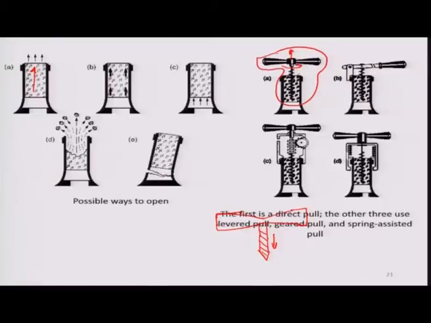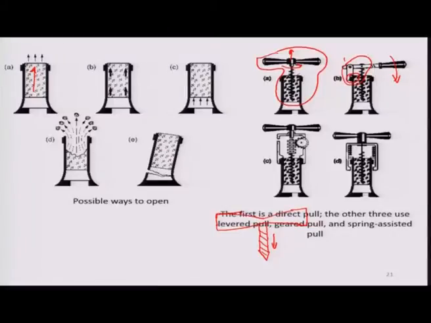Second thing, the levered pull. You make a lever arrangement so that that portion will get fixed at the top corner portion of the cork, and then you apply a force, so that due to the torque it will get removed.